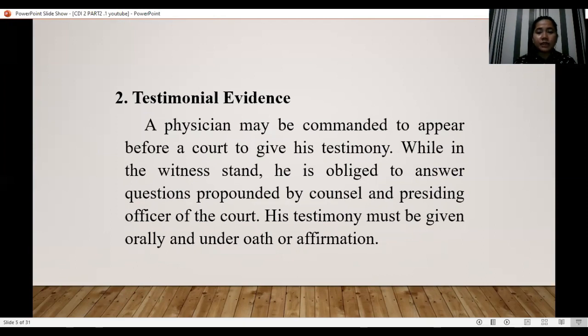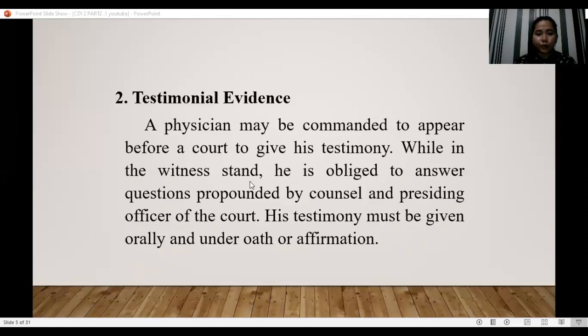His testimony must be given orally and under oath or affirmation. And take note that a witness can testify only to those facts which he or she knows of personal knowledge, derived from his or her own perceptions. This means that hearsay information, as a general rule, is not admissible in court.